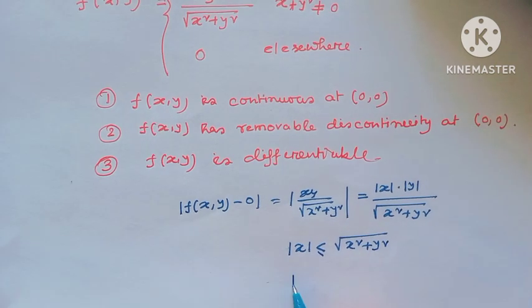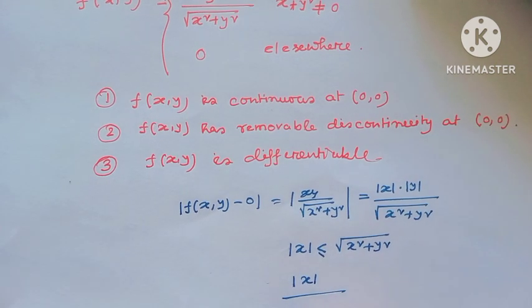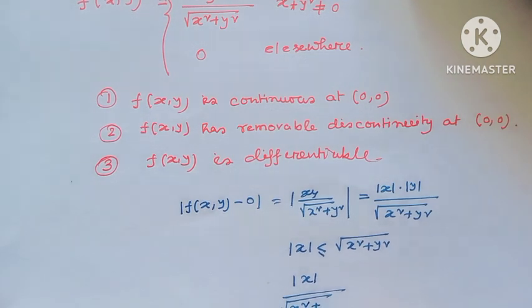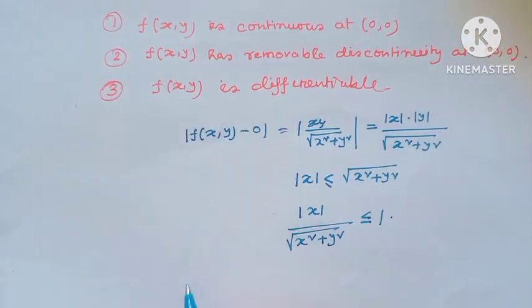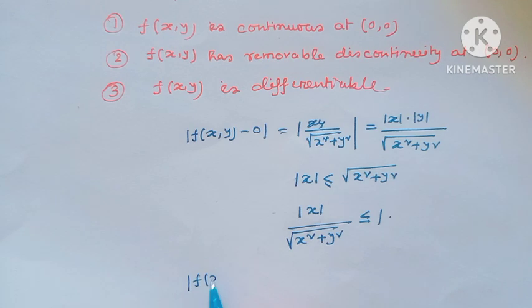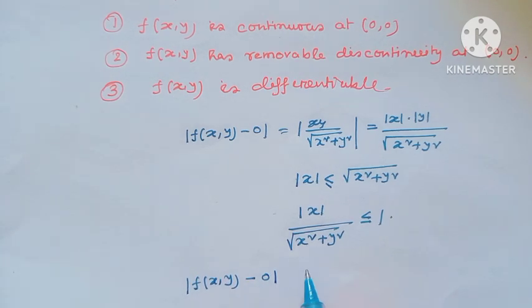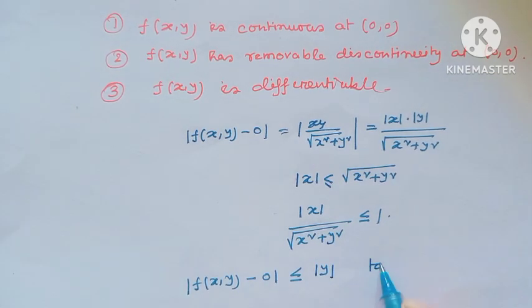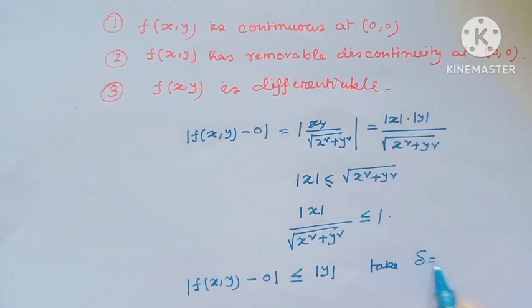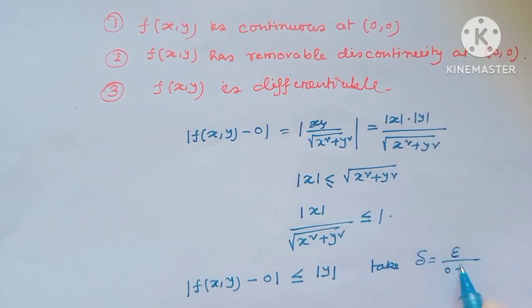Therefore, mod x divided by the square root of x squared plus y squared is less than or equal to 1. Therefore, |f(x,y) minus 0| is less than or equal to mod y, and take delta equal to epsilon.